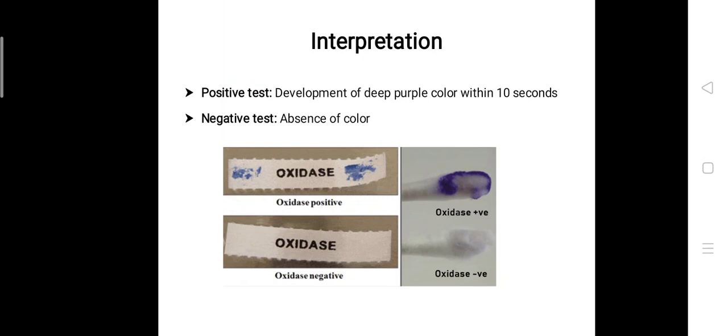Whereas in the absence of color at the site of inoculation or rubbing within 10 seconds, if there is no development of a deep purple color, it means that the test organism does not produce the enzyme oxidase. Therefore, the test organism can be reported as oxidase negative. These methods are very simple and very convenient to carry out. It takes just about 5 minutes to do this procedure.